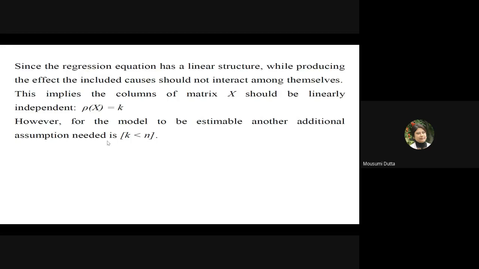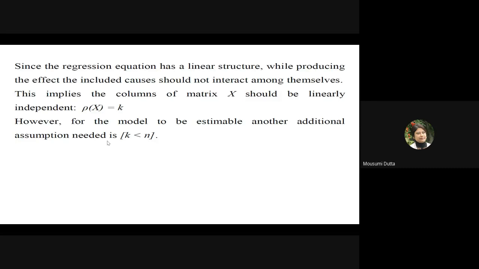N should be strictly greater than k, very, very greater than k, because you should have sufficient degrees of freedom in the model. The number of observations will be 2 lakhs, 3 lakhs, if not 10 lakhs, in thousands, in lakhs. Whereas the number of explanatory variables, and therefore the number of parameters in the model, will be 10, 15, 20.